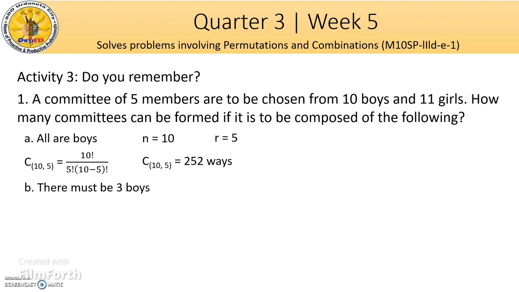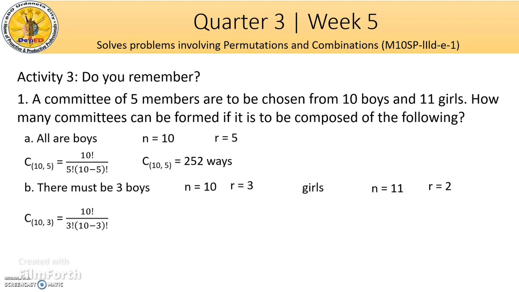What if there must be 3 boys, meaning exactly 3 boys? So, from the 10 boys, we are going to choose only 3. Since there are 5 members, for the girls, where there are 11 of them, we are going to choose only 2. Okay?